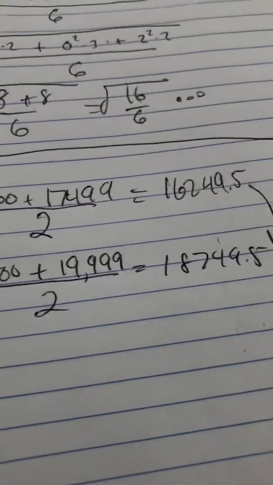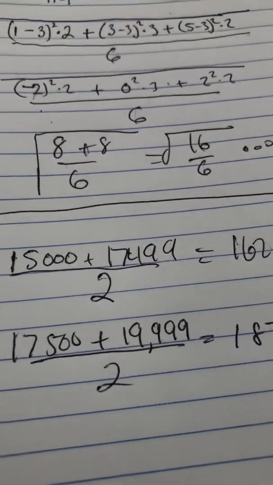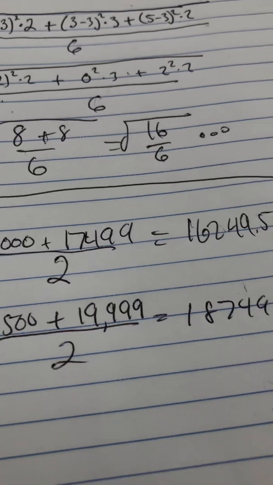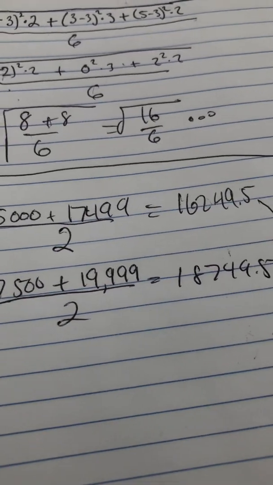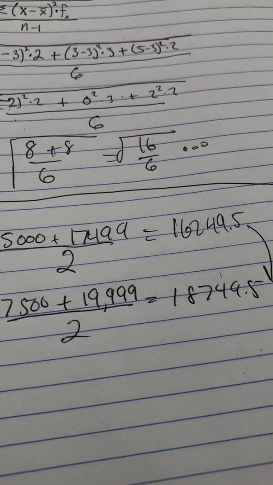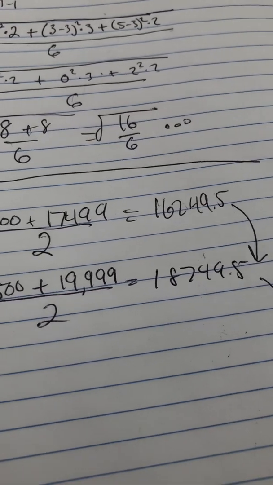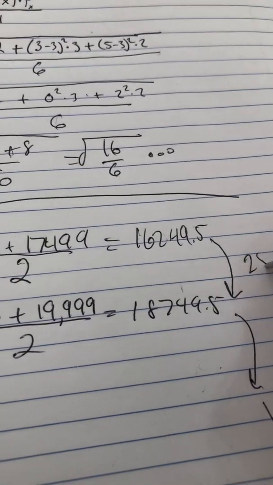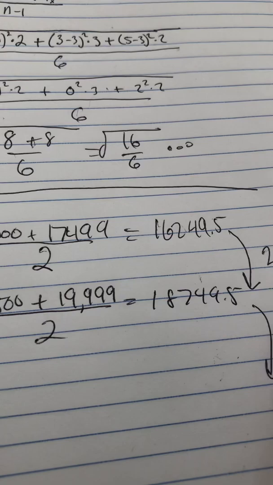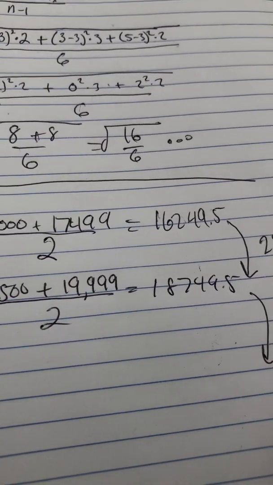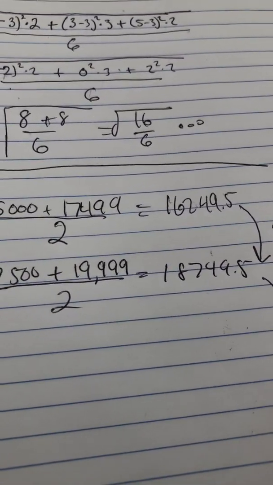Let me do that quick. So I've got 18749.5 minus 16249.5. So I'm adding on each time 2,500. So I'll add on 2,500 here, 2,500 here, 2,500 here.